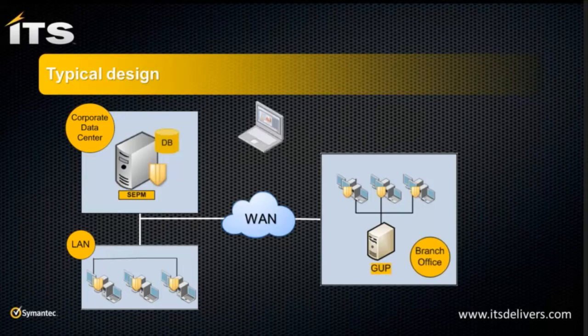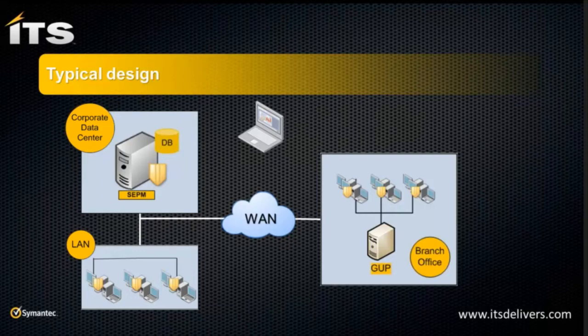Now, this is the problem, and what we're talking about today is this guy in the middle, this laptop. He represents your roaming users. That can be telecommuters, sales staff, people on the road, whatever. Sometimes they are connected to the corporate network. They may be at headquarters. Sometimes they might be at a branch office. But more often than not, they're at neither of these places.